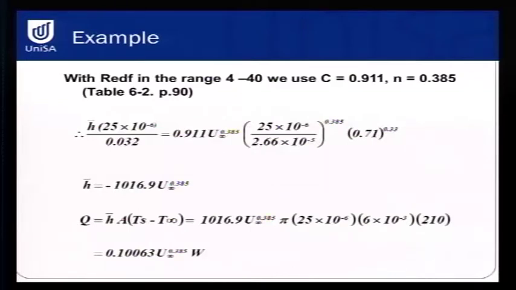The term on the left is h times D divided by k. That's the definition of the Nusselt number, and that enables us to find h, and Q equals h times A times the temperature difference. This gives us a generalized equation for Q, the electrical power that we have to feed into our anemometer.